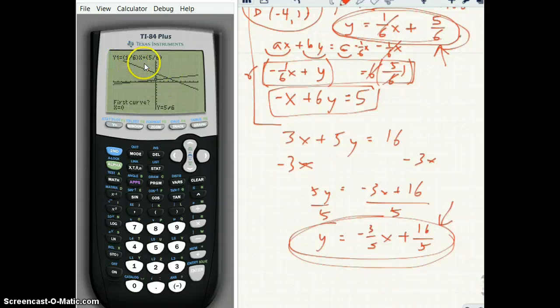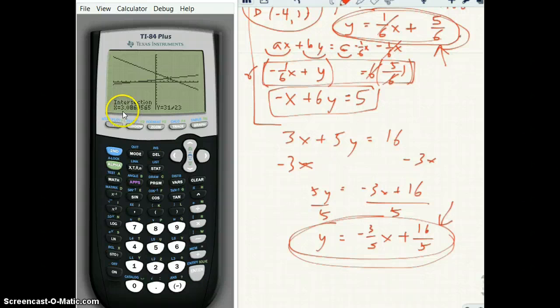We only have two, so we're going to use both. First curve is that one, and we say yes. The second curve is that one, of course, because I only have two in there. Then it asks, what is your guess? With straight lines, it doesn't matter what your guess is, because they only intersect in one place, so the calculator can figure it out.